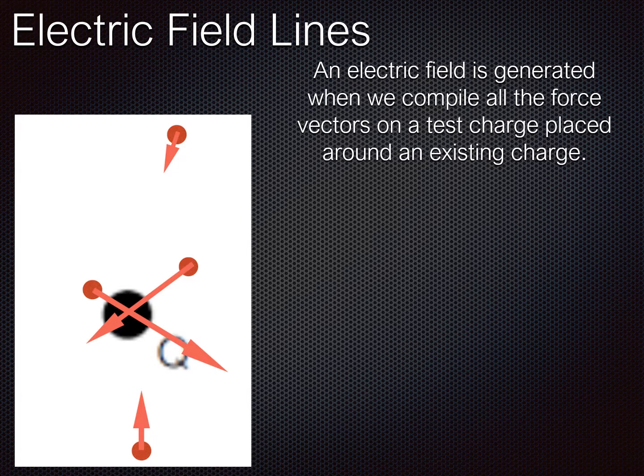The red arrows represent the direction and the strength of the electric field at those points. And so we kind of started getting a picture of what the electric field was at each of those spots based on putting a positive test charge there if we had a central negative charge.